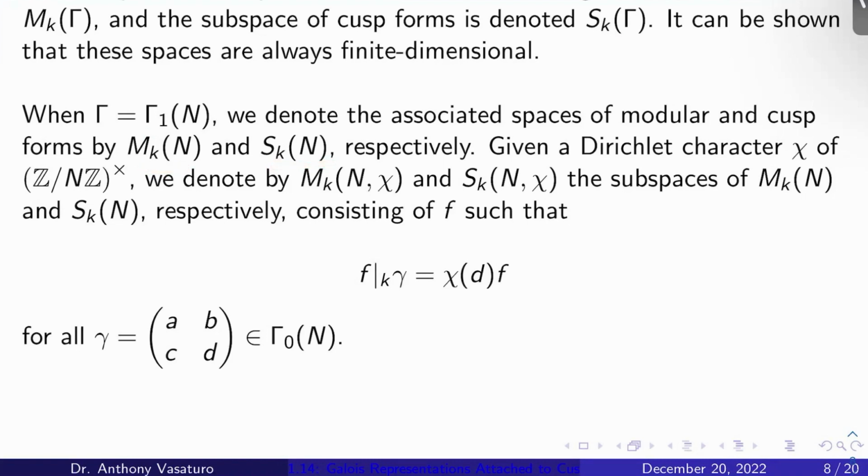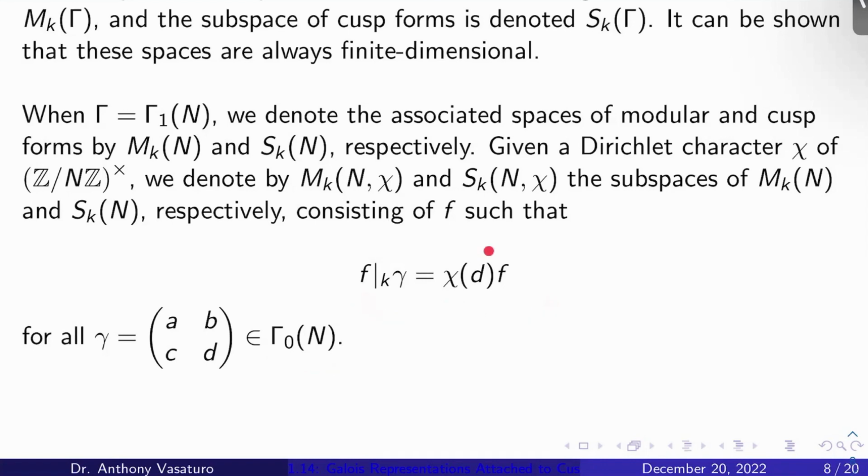Now, if I give you a Dirichlet character chi mod N, a multiplicative homomorphism from (Z/NZ)^cross to C^star, we denote by M_k(N, chi) and S_k(N, chi) the subspaces of M_k(N) and S_k(N) respectively, consisting of those f such that f|_k gamma is chi(d) times f for all gamma with lower right entry d in gamma_0(N). So you're taking things in M_k(N) such that they are not necessarily invariant under the bar operator for all gamma in gamma_0(N), but they kind of almost are.